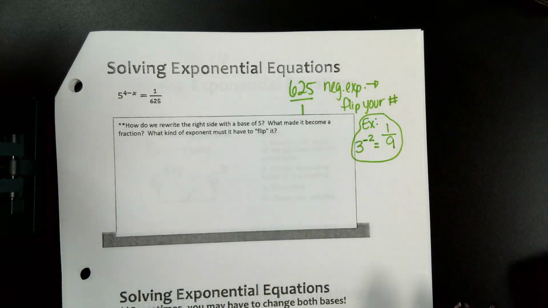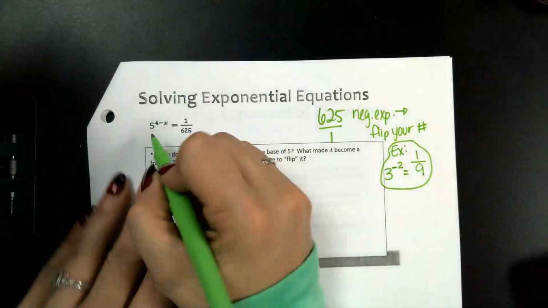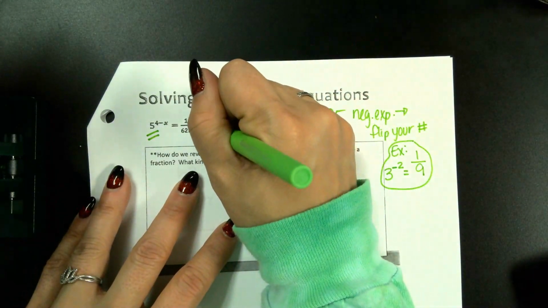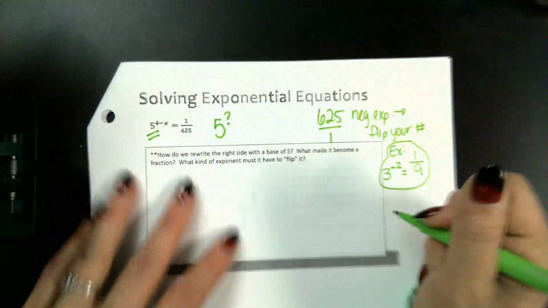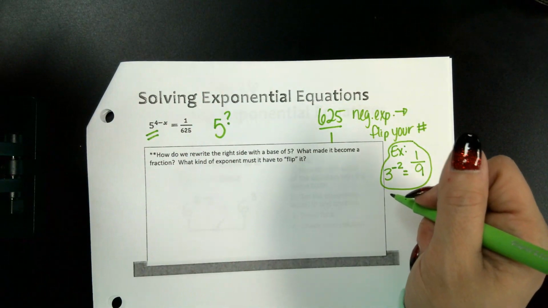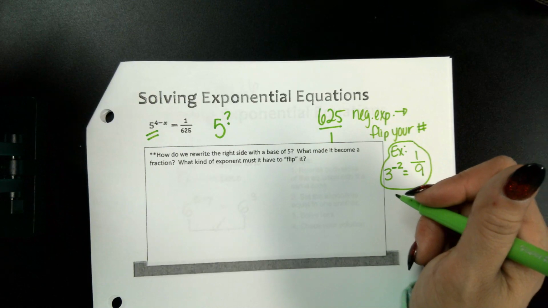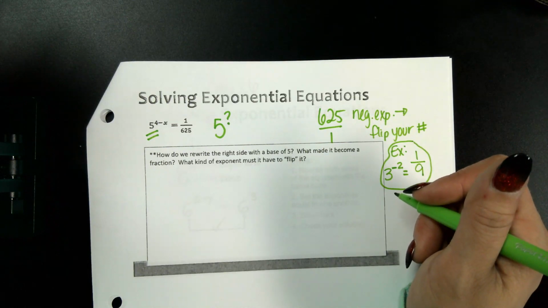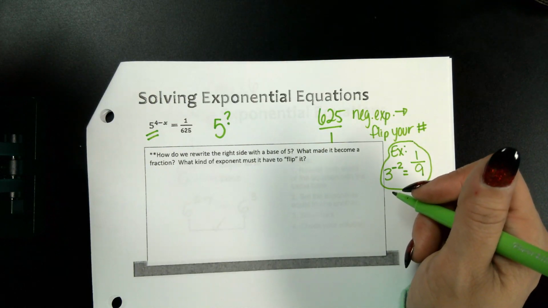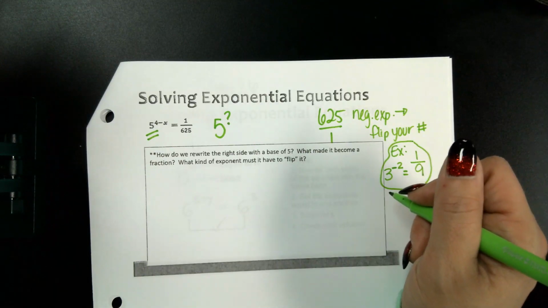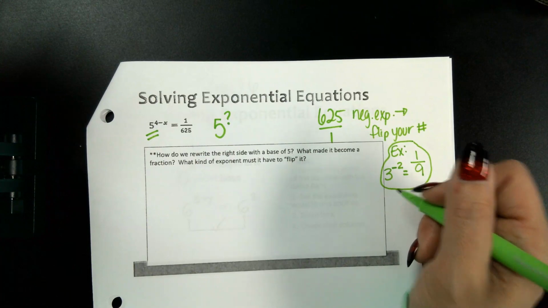Okay? So, if this has a base of 5, let's see what exponent would give us 625. So again, you guys know 5 to the first is 5. 5 squared is 25. So you already know those two. So start with 5 to the third. See what you get. Okay, 125 is still too small, so then try 5 to the fourth.